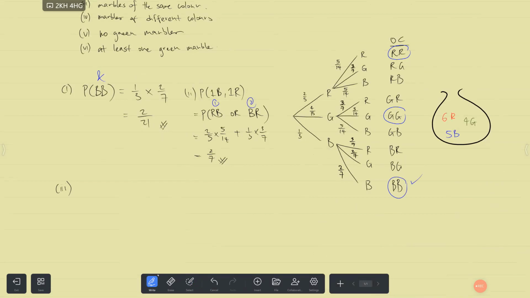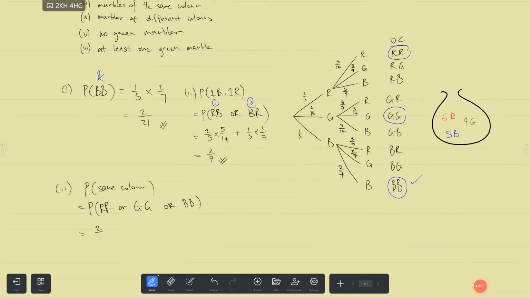And blue, blue has already been calculated for you. But before we do that, we have to list down the possible outcomes that fulfill the criteria of having the same color. So P(red, red or green, green or blue, blue). Since we already have blue, blue from part 1, we can put that down later. But before that, we do our red, red.